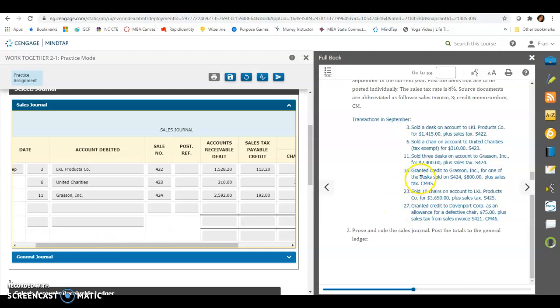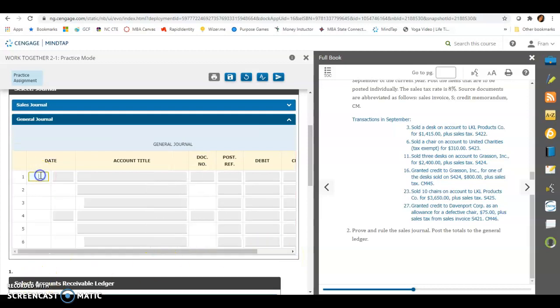Next one, on the 16th, we're granting credit. So that is going to be your general journal. First entry of the month, so September 16th. This is going to be a debit to sales returns and allowances for desks.